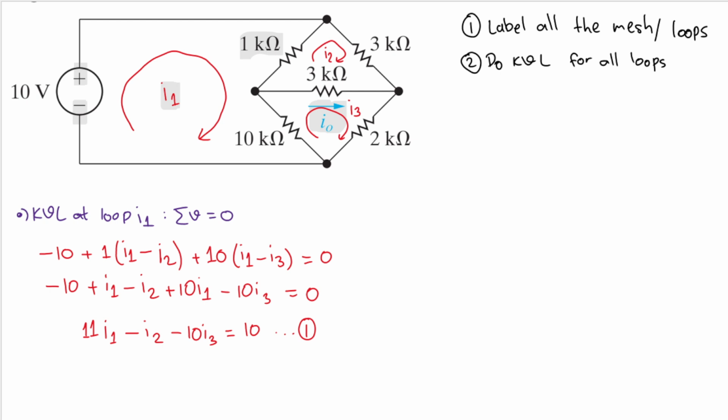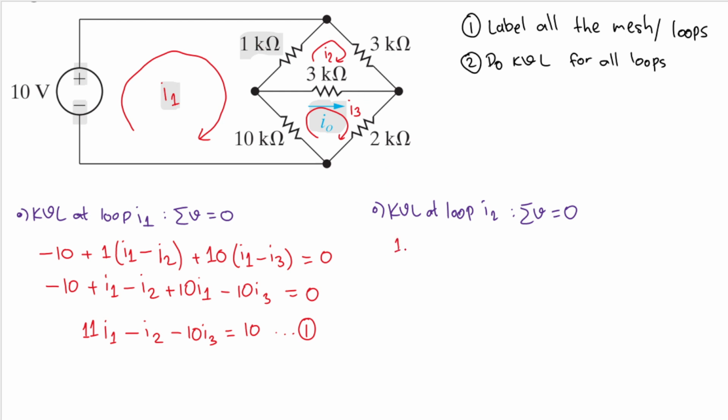Now let's move on to loop number 2, which is KVL at loop I2. Again, KVL says that the sum of the voltages in a loop will equal 0. Let's start from this 1 kilo ohm resistor.